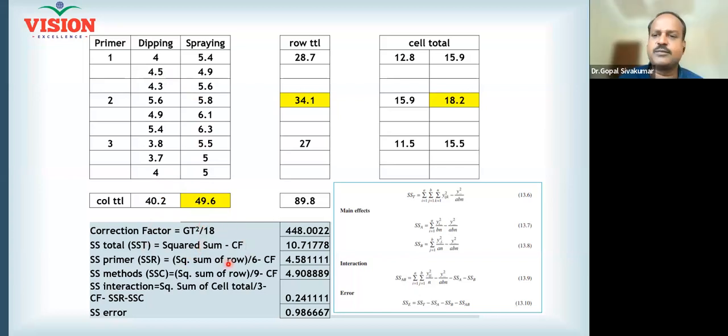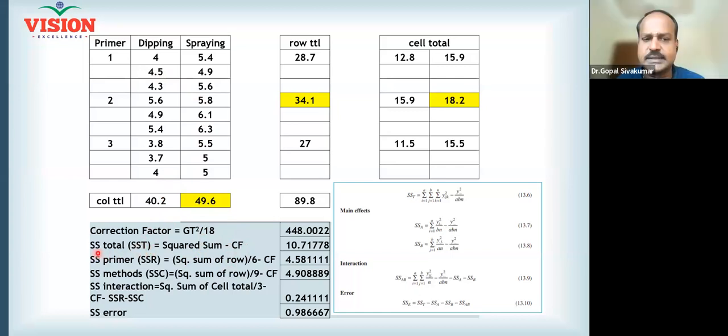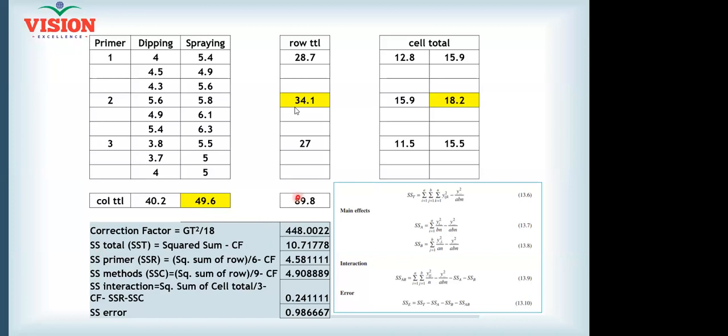Minus the correction factor will give you a value known as total sum of square, or shortly called SS total. SS total means total sum of square. What is the only thing we subtracted? Correction factor. All of you are with me, please?